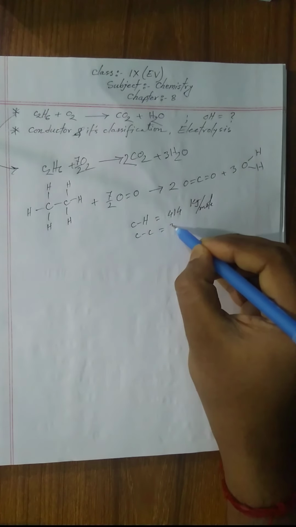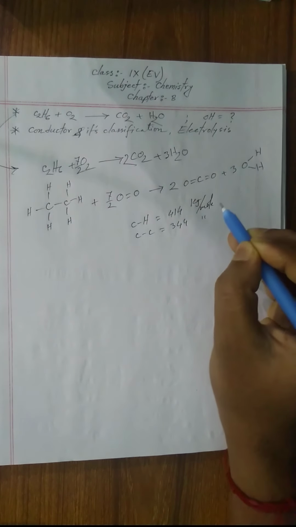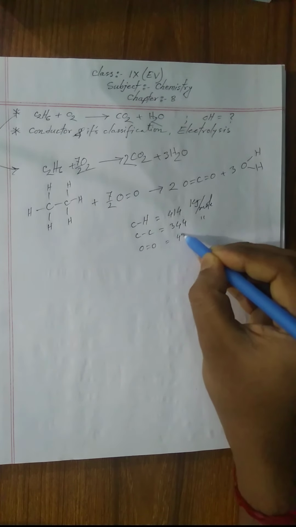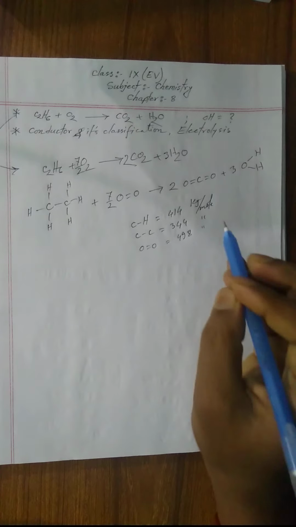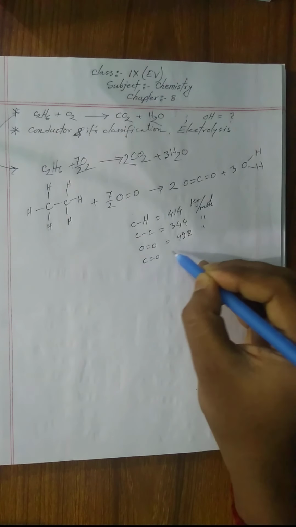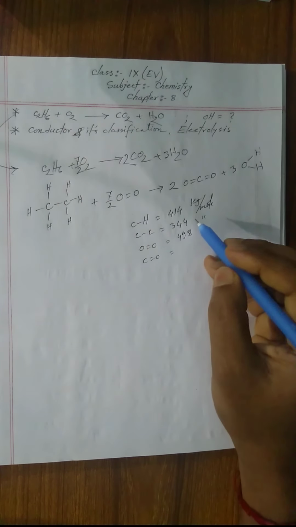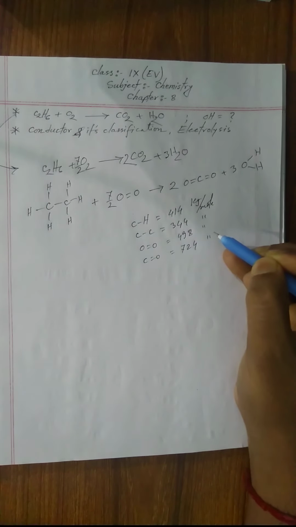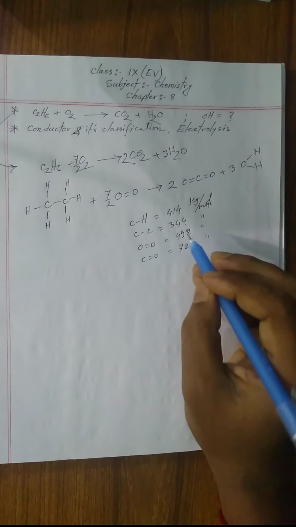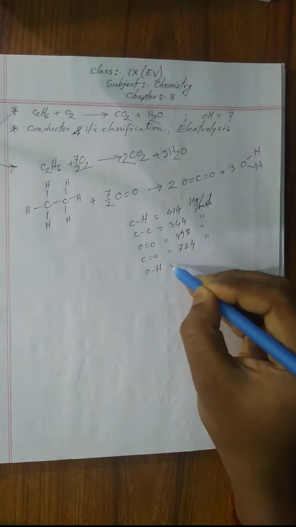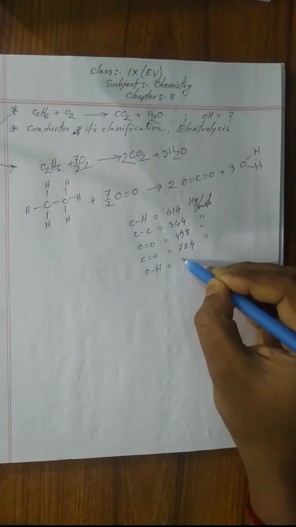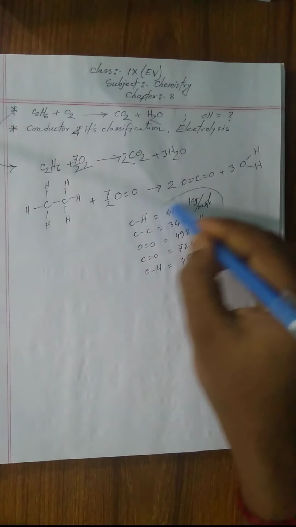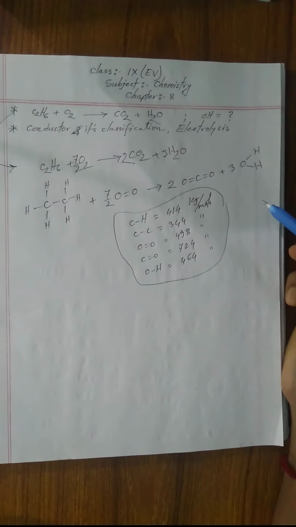The CC bond is 344 kilojoule. Oxygen double bond 498. CO double bond 724 kilojoule per mole. And the last one, OH, is 464 kilojoule per mole. This is the bond energy.